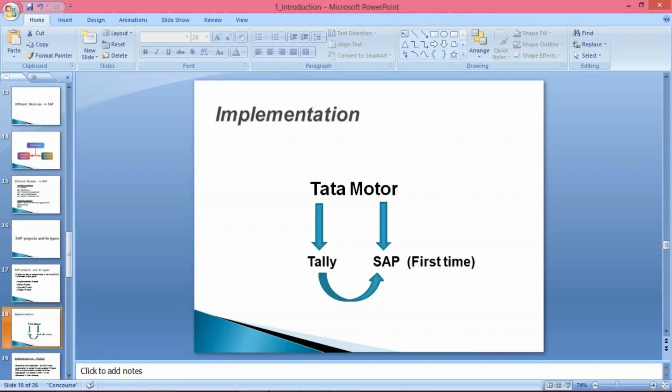So now it's difficult to get such kind of exclusive reports from Tally and all. So these people will plan to move or switch to a different ERP.